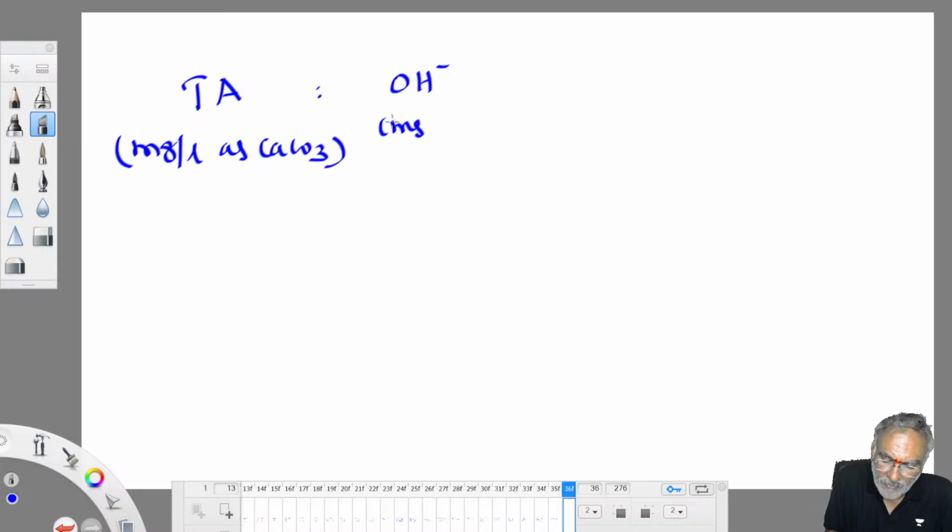Normally it is given in milligram per liter, so this has to be converted into milliequivalents per liter. Again you have to convert it to milligram per liter as CaCO3.